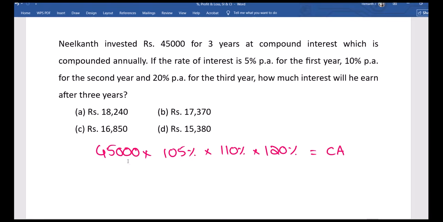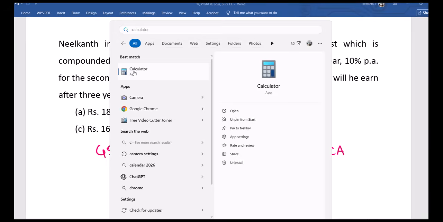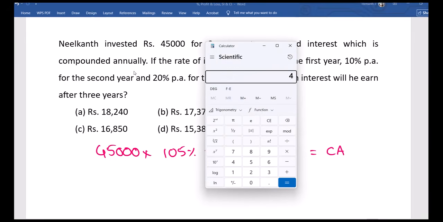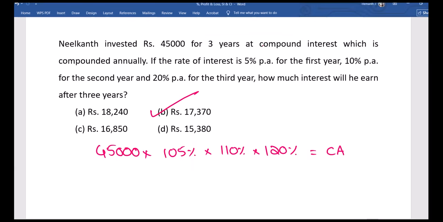Calculator is allowed in TCS, so there is no worry. 45,000 into 1.05 into 1.1 into 1.2 is 62,370. So definitely the compound interest will be 17,370.